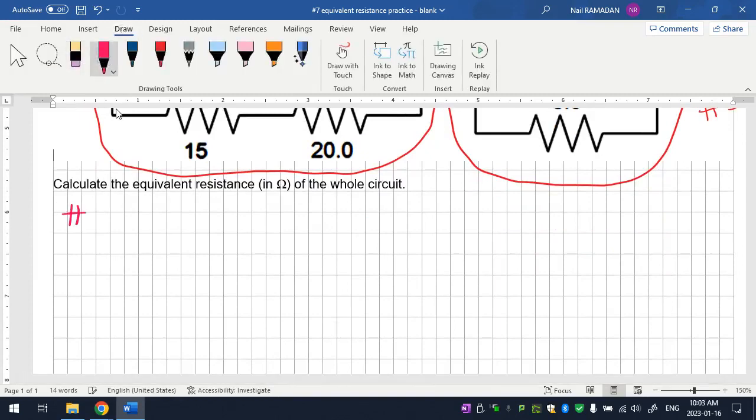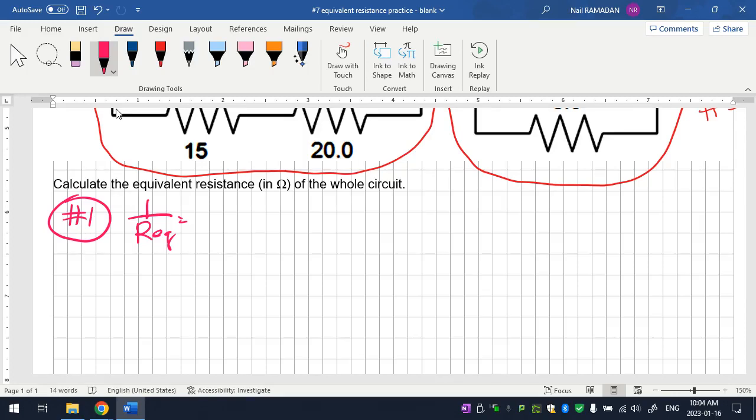So number one, what's the mathematical formula for in series? Sorry, in parallel. 1 over, thank you. So go ahead. 1 over REQ equals what? Do you flip and then add or add and then flip? Nope. Flip and then what? And then add the flips.